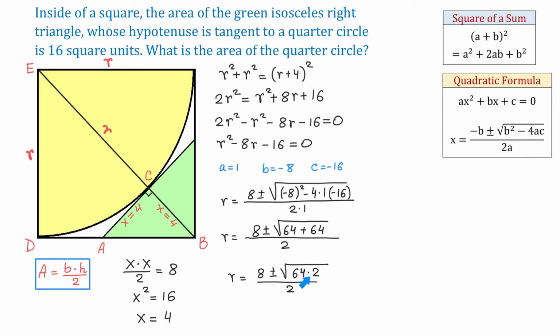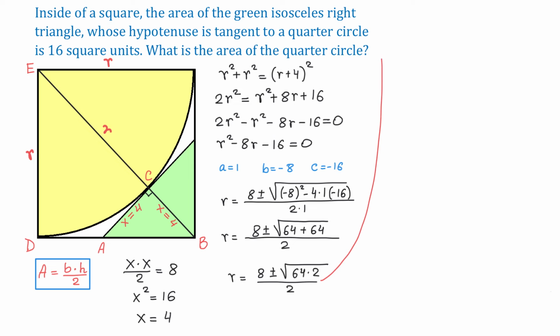And I wrote this as a product because now we can simplify this radical. So now we will have r equals fraction 8 plus or minus, and now square root of 64 is 8, and this becomes 8 square root of 2. So we will write 8 square root of 2 all divided by 2. Then 8 divided by 2 is 4 plus or minus, and 8 square root of 2 divided by 2 is 4 square root of 2.